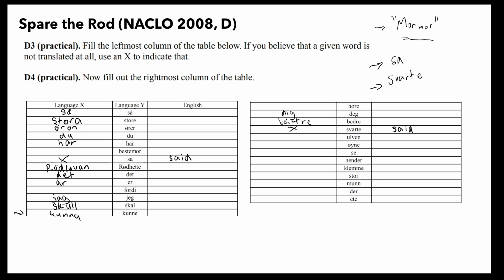So more is probably what Rodlavan or what Rodet believes is Ulven. So Ulven probably doesn't have a direct translation. Yes. There's no more here. So because more was in X1, and just based off the structure of the words, I want to put more next to bestemor.